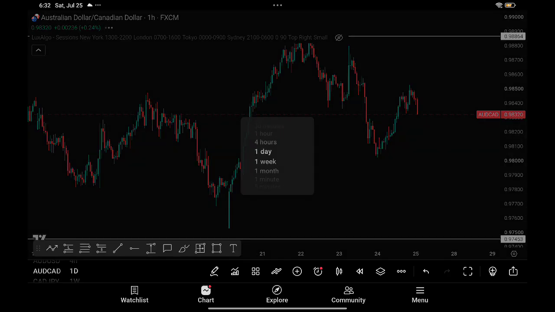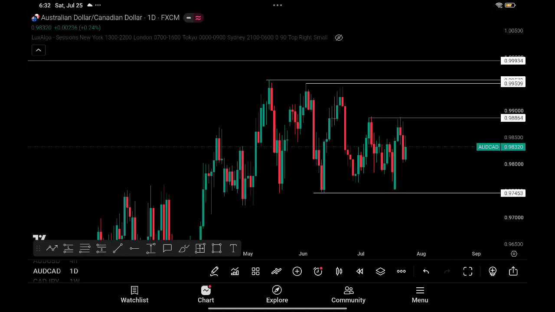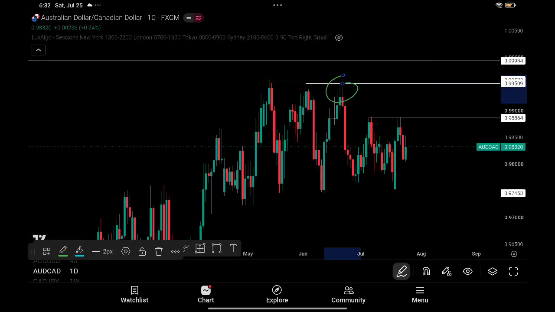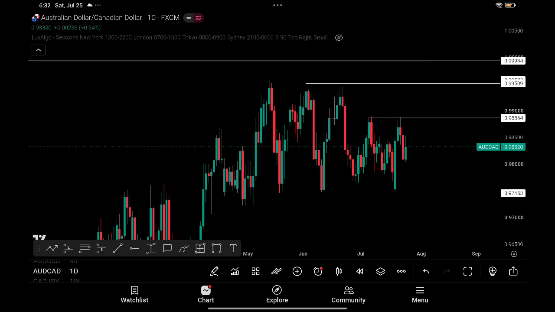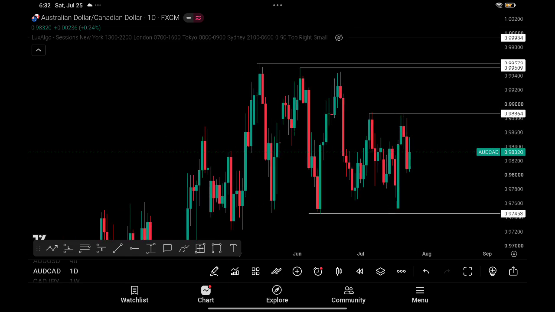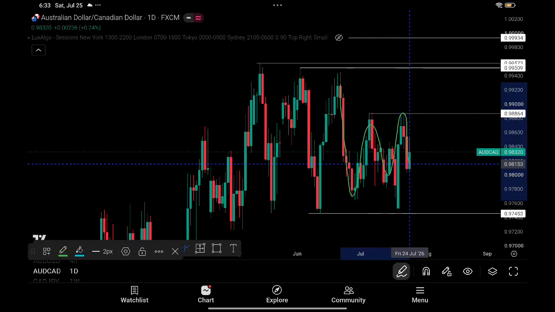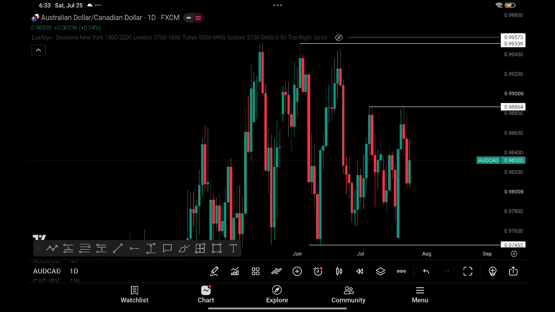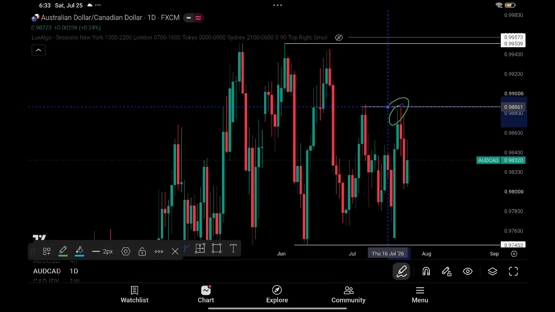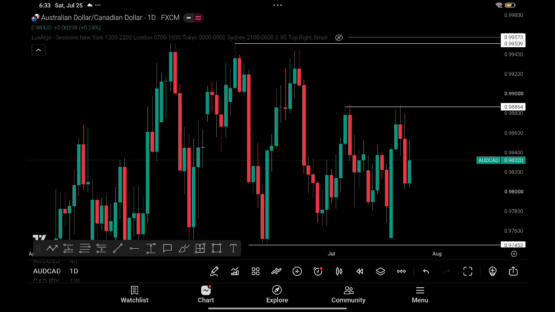And the next trade is on AUD CAD. So let's break it down from the daily time frame. As we can see, there is a missing gap right there, so it doesn't have to fill straight away, right? Then we have this structure, impulse, correction, impulse. It is a two-leg continuation structure. Once the price taps in right there, as you can see here, there is also the value point, and there must be a missing gap.